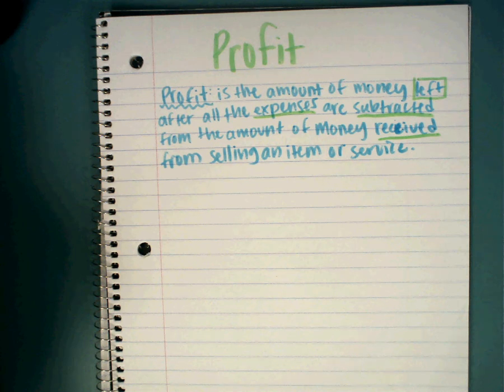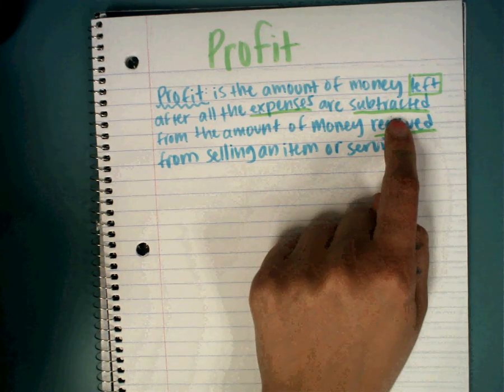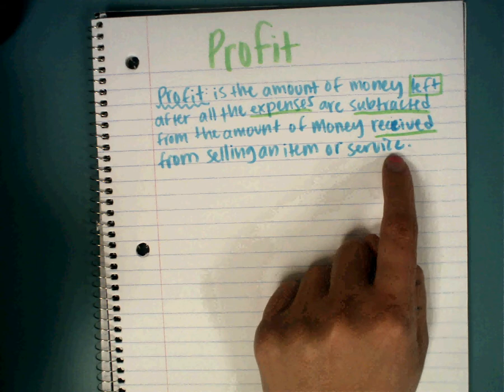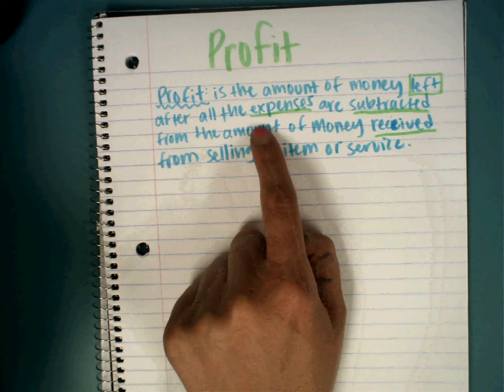So I'm going to be subtracting 40 minus 20. So $40 would be the amount of money I received from selling that lemonade, and then the $20 is the expenses that I had for making that lemonade, and I subtracted them, and I want the amount of money left.